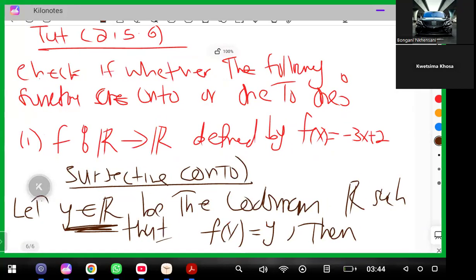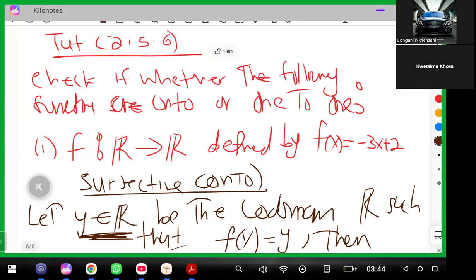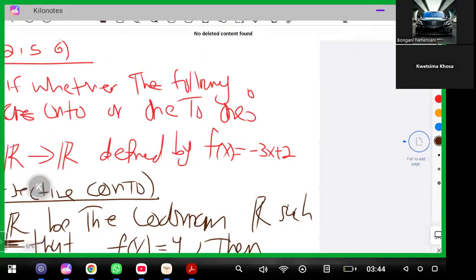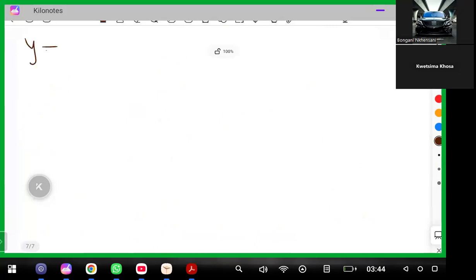Then y will be equal to negative 3x plus 2.